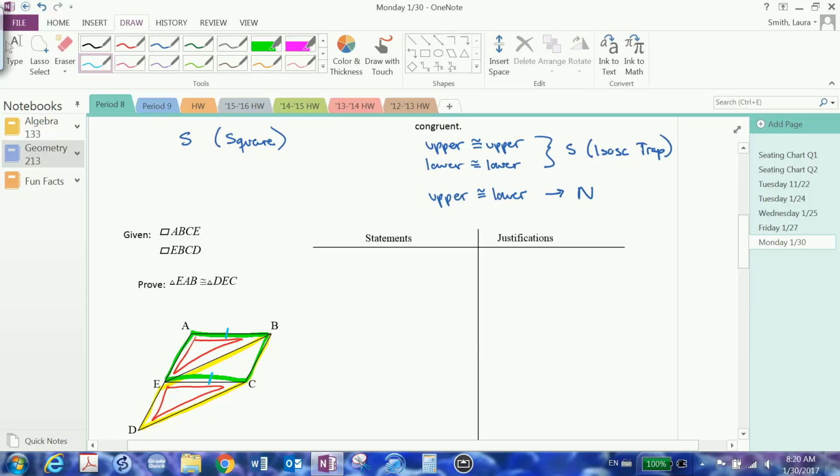And I'm going to just sort of mark this up, and then I'm going to go back to my proof. I could get this side congruent to this side from the green parallelogram, right? And that right there, that's sides of the triangles.